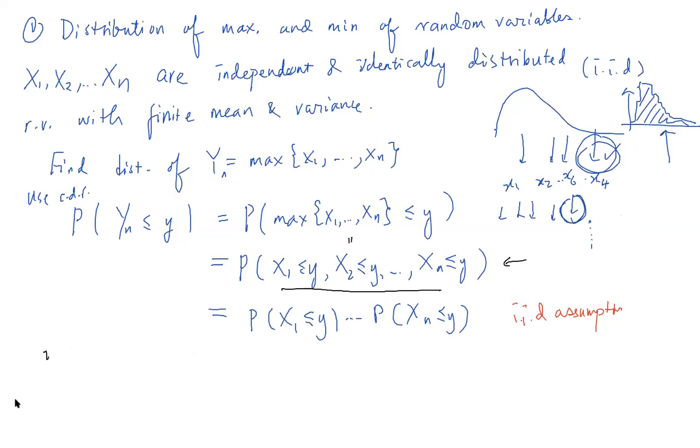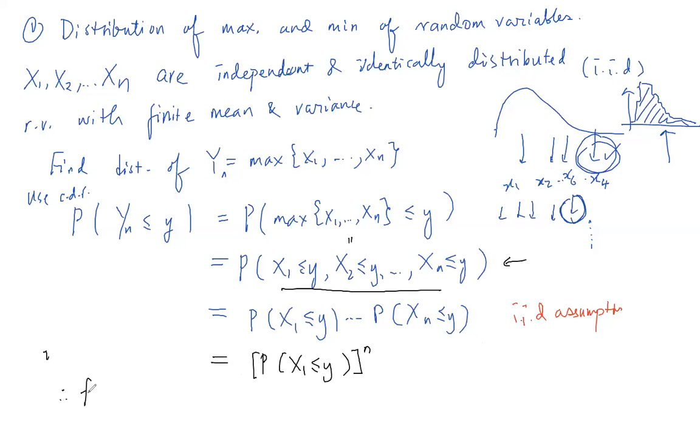So once you have this result here, you can see IID, so you can take the product, and because they are identical, basically you can take one of them, right? You can maybe take X1, and the rest are identical, so it just becomes power of n.